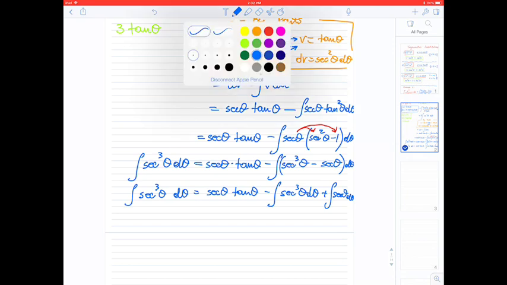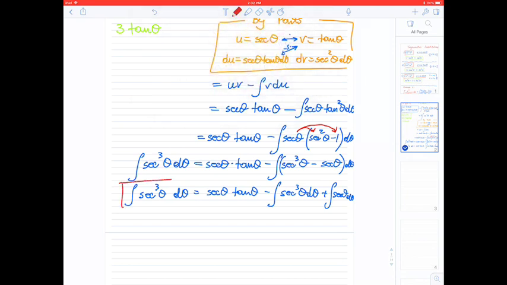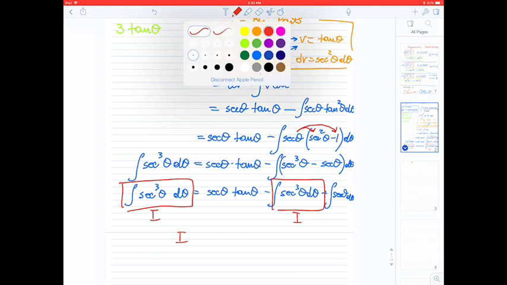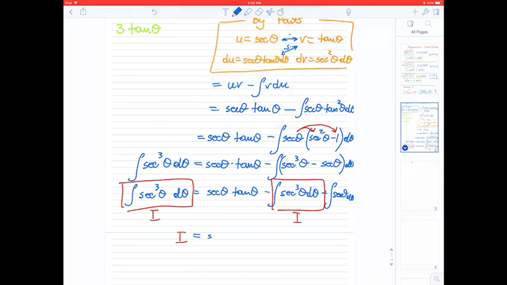Now I see this integral, which is actually my unknown integral. I will call it I. That's I equals secant theta tan theta minus I, that's what I'm looking for, plus the integral of secant theta d theta.